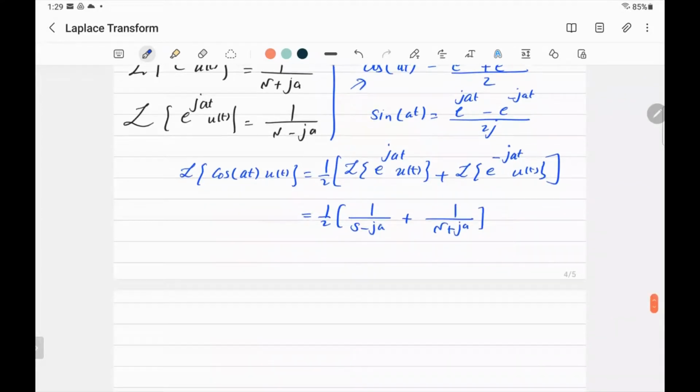All that's coming is just algebraic simplification. It will be equal to half. I will have a common denominator, s squared plus a squared, and then in the top you have s plus ja plus s minus ja.